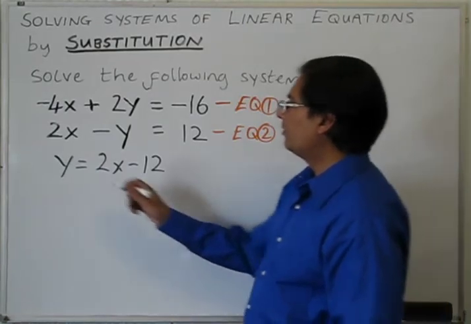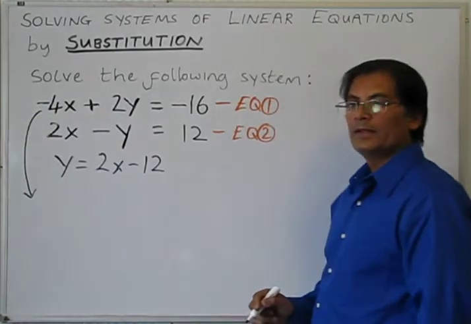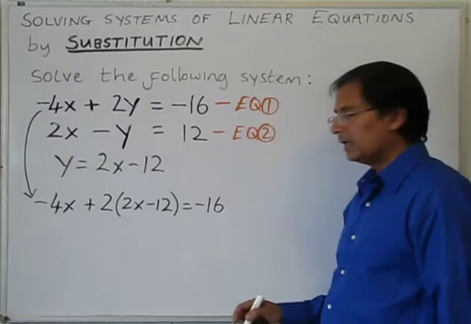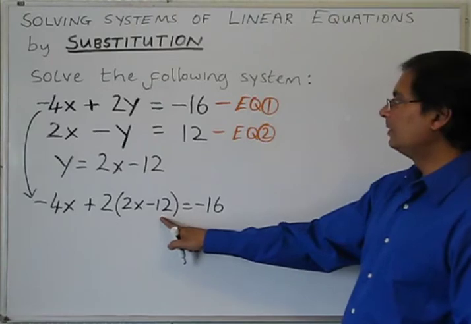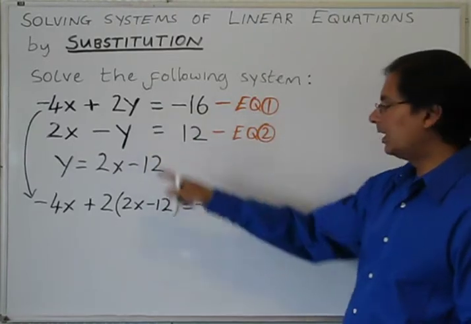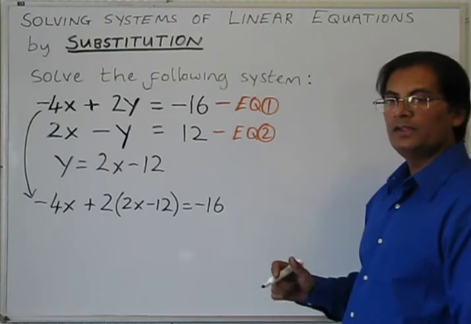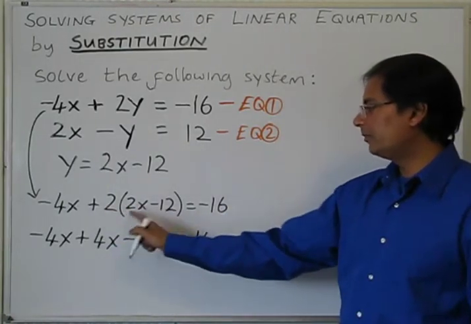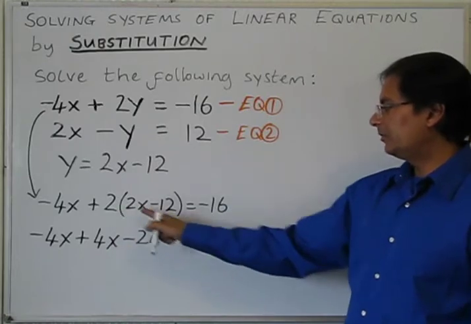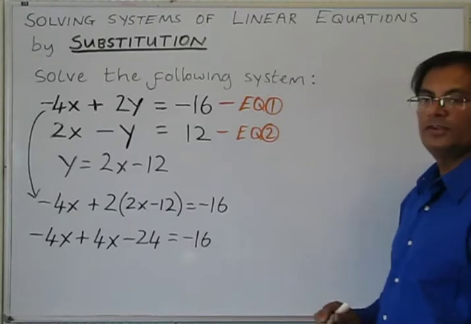So now we can substitute that in to the first equation. And if we substitute that in, we get negative 4x plus 2 times 2x minus 12, which is what we're substituting for y, equals negative 16. And then we expand this to get negative 4x plus 2 times 2 is 4, so that's 4x, plus 2 times negative 12 is negative 24, equals negative 16.